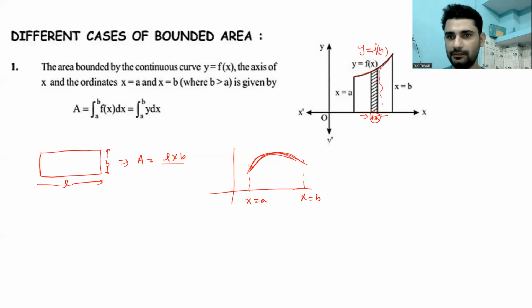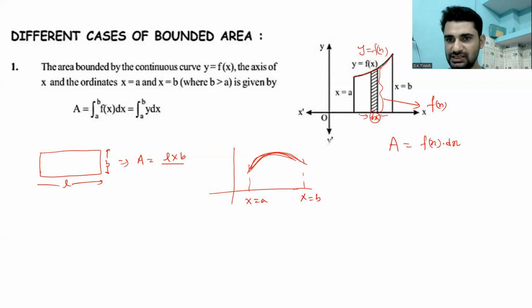So what is the length of this strip? It is nothing but f(x). This strip is very similar to a rectangle. So what is the area of the rectangle? The length is the function value f(x), and the breadth is dx. This is the area of only this strip.